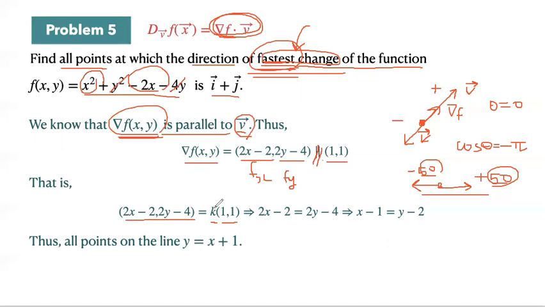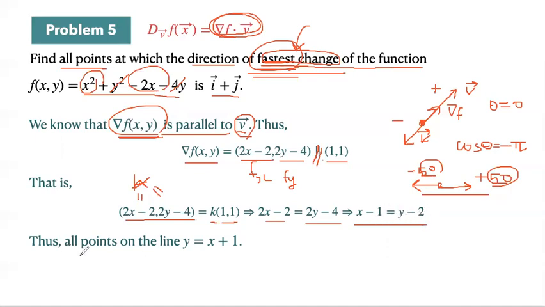Since the first term is k and the second term is also k, we have the equation that the first term 2x minus 2 is equal to the second term 2y minus 4. So if we divide by 2, then we get x minus 1 equal to y minus 2.